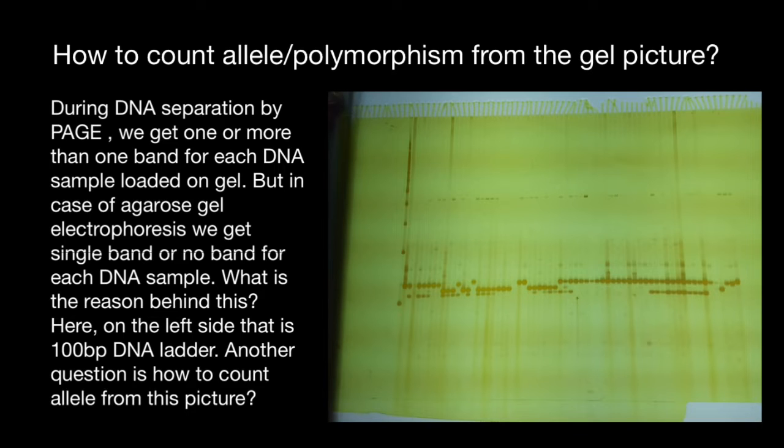These are both commonly used techniques for separating and analyzing nucleic acids, DNA or RNA, or proteins based on their size. However, they differ in several aspects, including the matrix material, resolving power, and applications. First of all, matrix material.